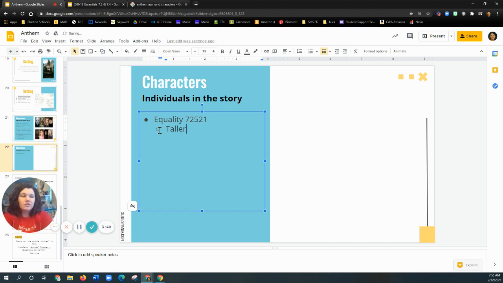So we know he's taller than 6 feet. We know that he is curious and he asks questions, that he wanted to be a scholar. And he ended up being assigned a street sweeper for the rest of his life, or until he's 40 and has to go live at the home of the invalid because he can't work anymore.